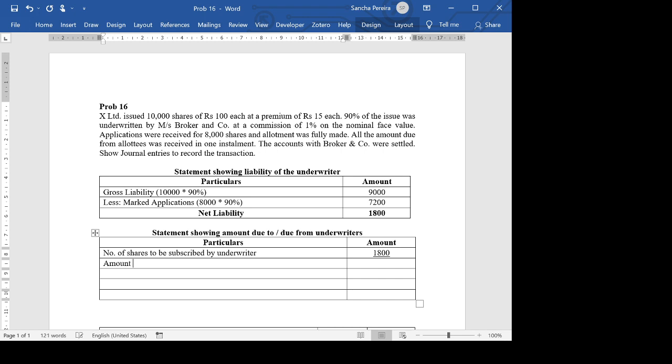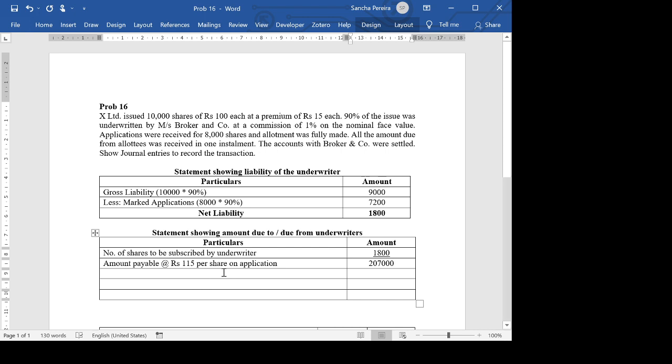Amount payable at the rate of rupees 115 per share on application. Now I have taken the entire 115. They said all the amounts from allottees were received in one installment. So 1,800 into 115 will give me 2,07,000.